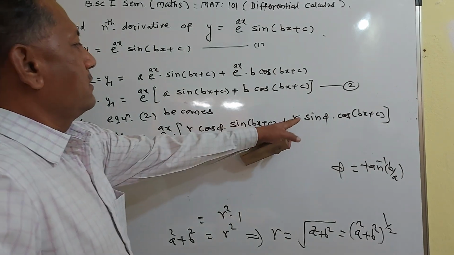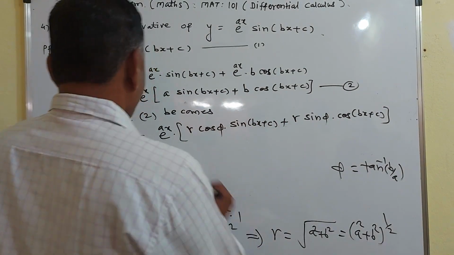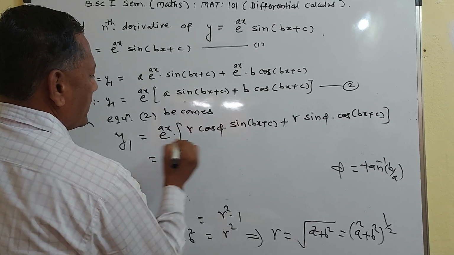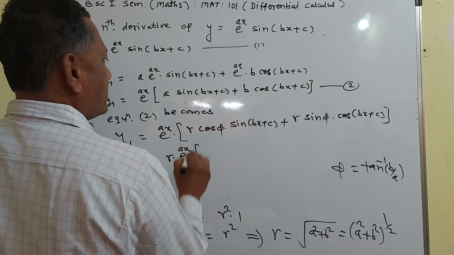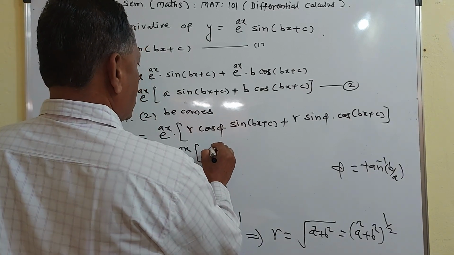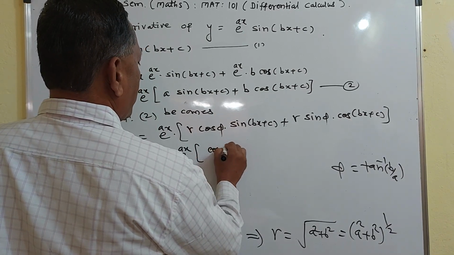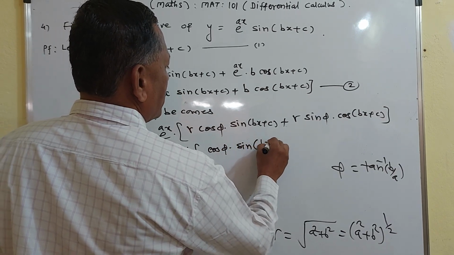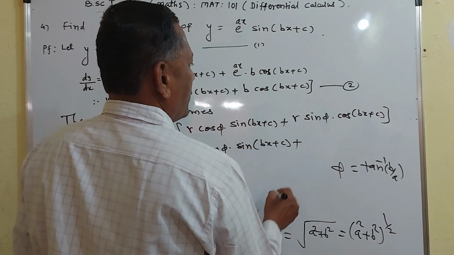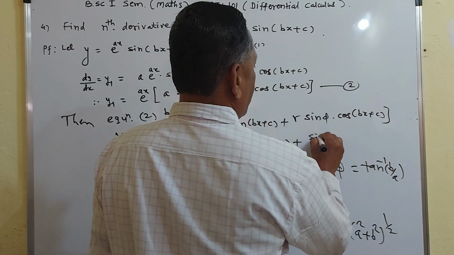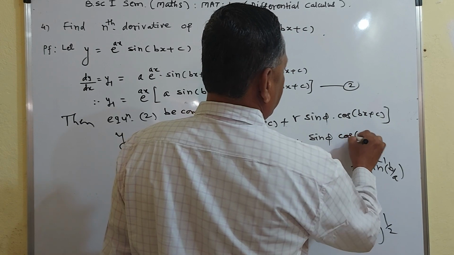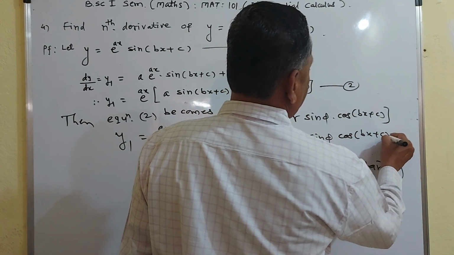So here again, you take R common: R into e raised to ax in bracket, cos phi into sin of bx plus c plus sin phi into cos of bx plus c.